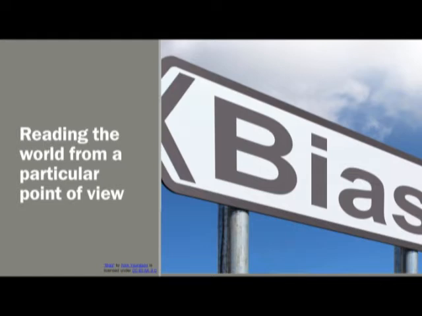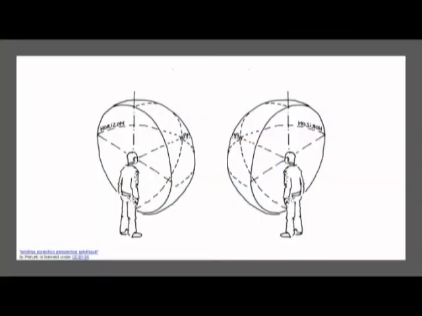Bias. Bias, of course, refers to a tendency to look at things from a particular point of view without considering others. In a very real sense, some degree of bias is unavoidable. We can only see through our own perspective. But as researchers, we need to be aware that other perspectives exist all around us and learn to work with that understanding.